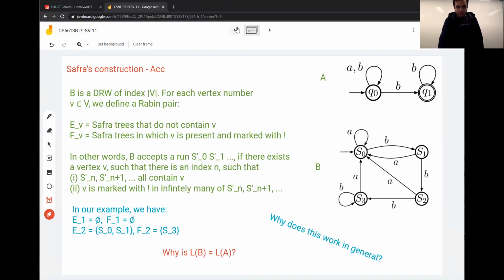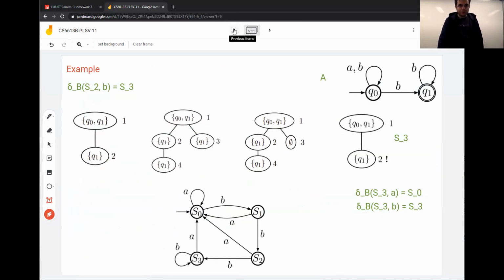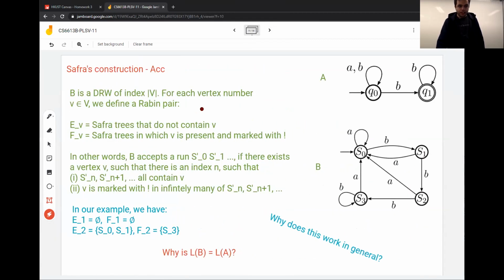So in this example, if you look at vertices that actually appear in our final Safra trees, there are only 1 and 2. So vertex 1 appears in all of our Safra trees. So the set of Safra trees that do not contain 1 is empty. And vertex 1 is also never marked with an exclamation mark.